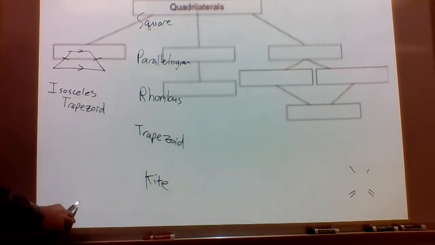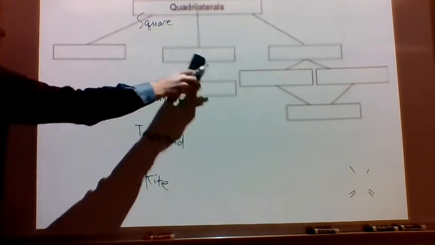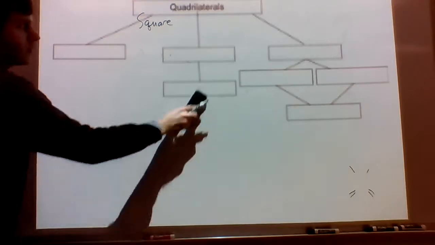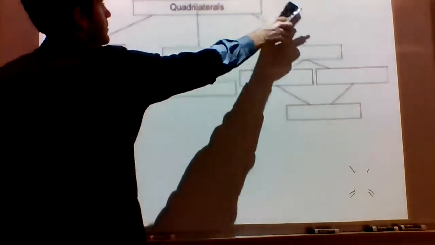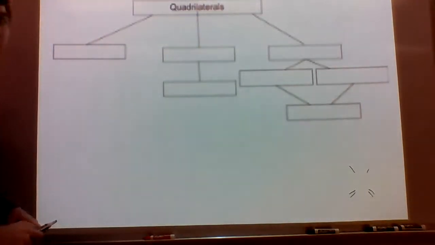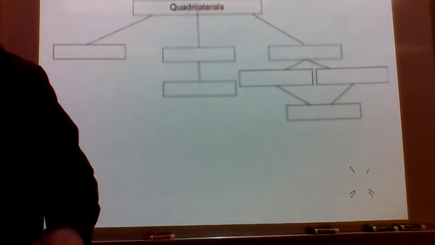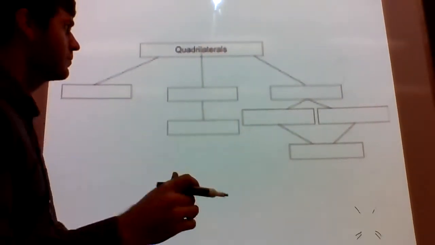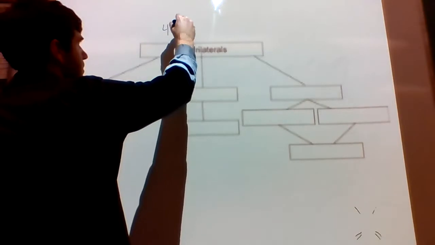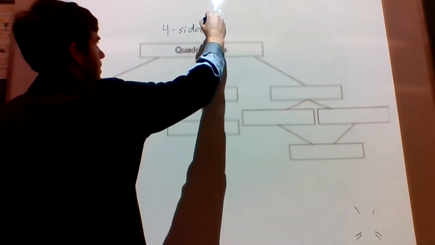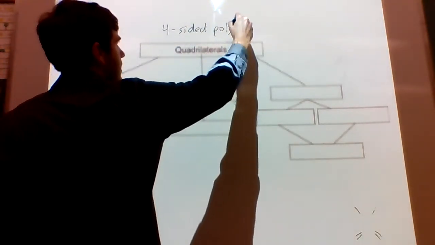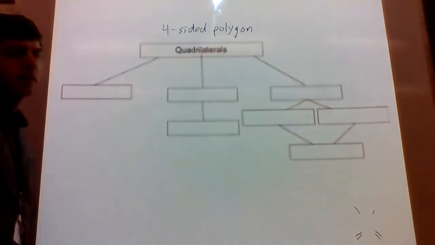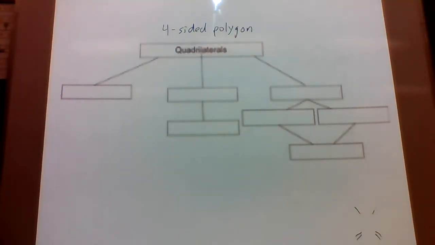Here is a chart. Again, this is going over the 7 special quadrilaterals that we have. A quadrilateral is a polygon that has 4 sides. So, 4-sided polygons.